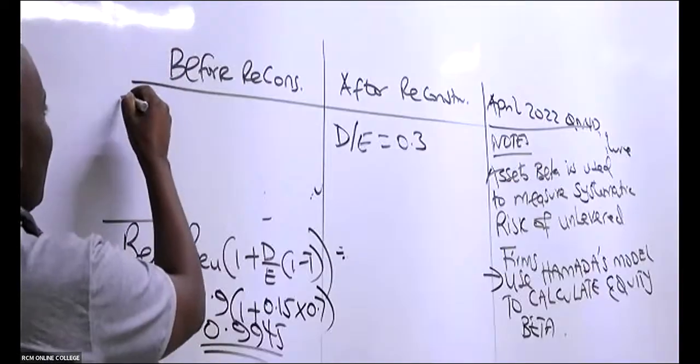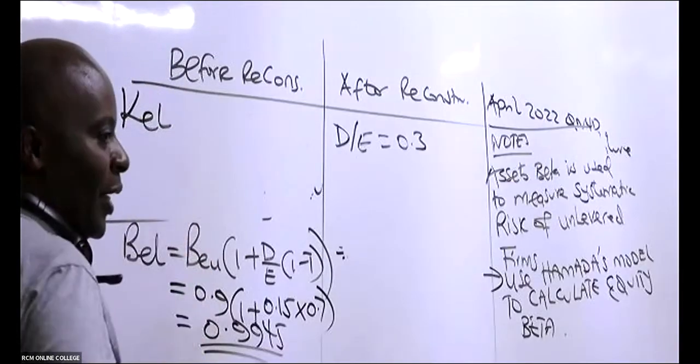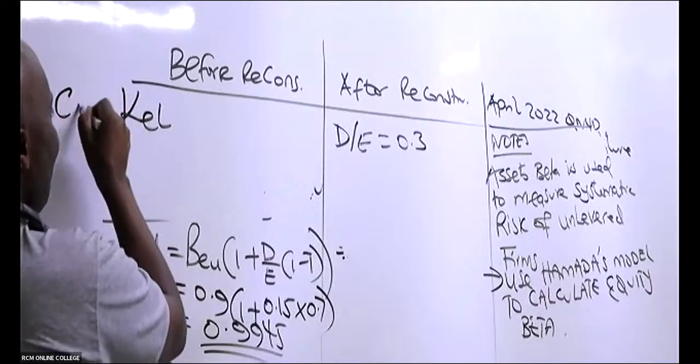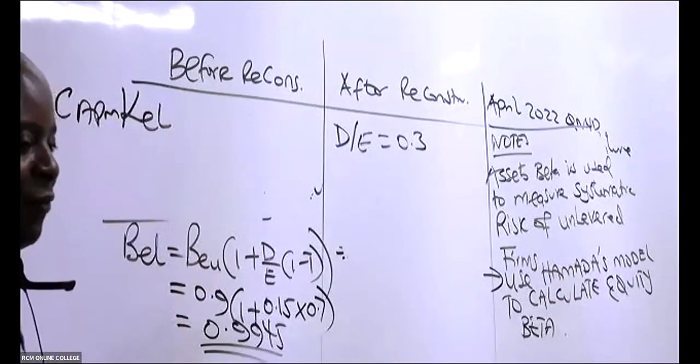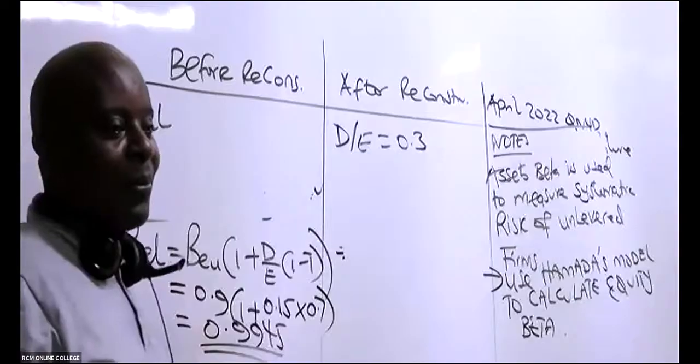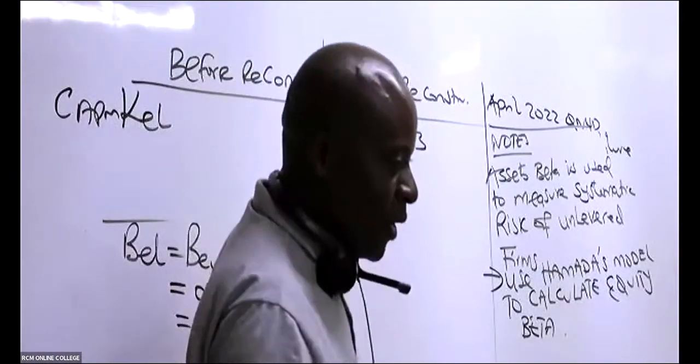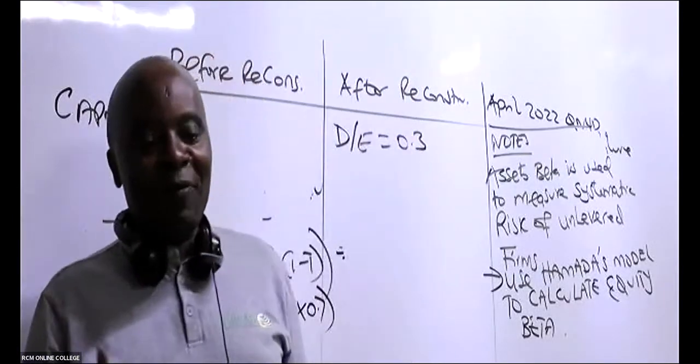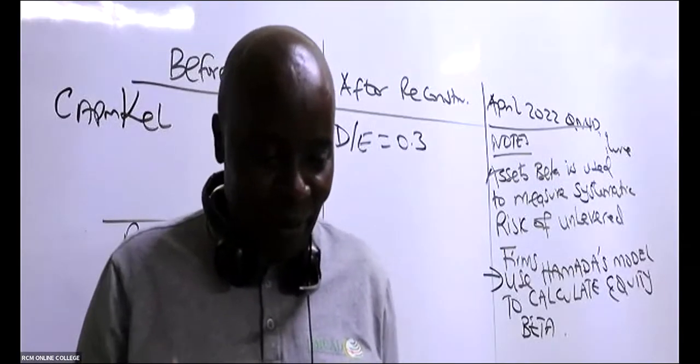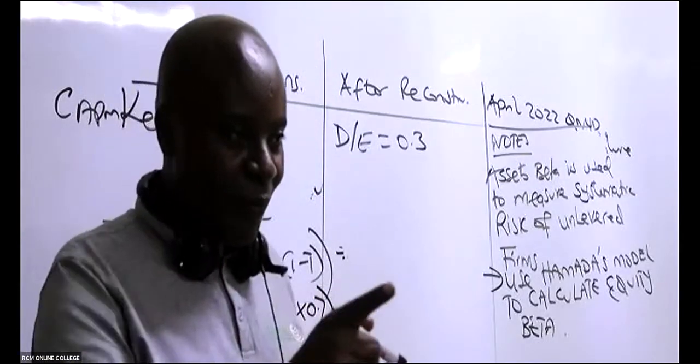CEL is the cost of equity of a levered firm, right? I will use CAPM because I can see CAPM information has been given. Is there somebody who remembers the formula of CAPM? I may forget everything, but I will never forget that CAPM starts with risk-free.